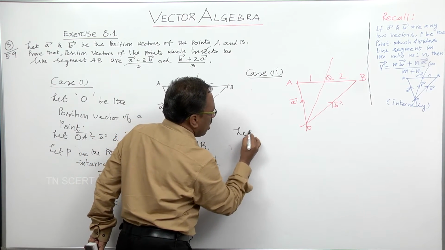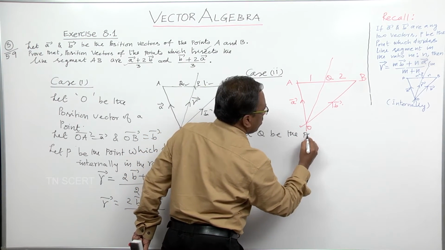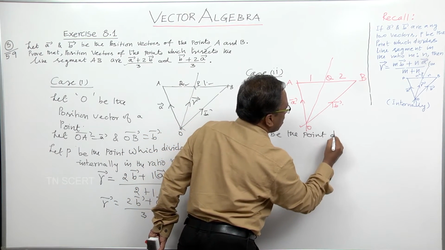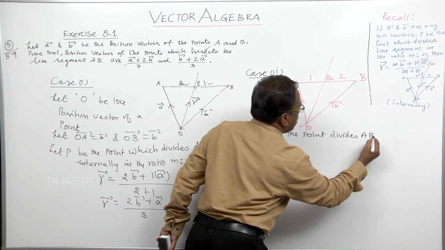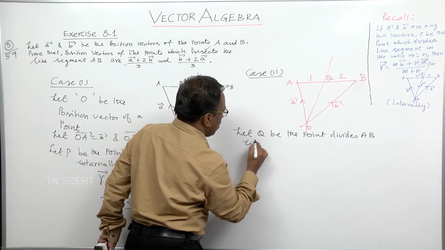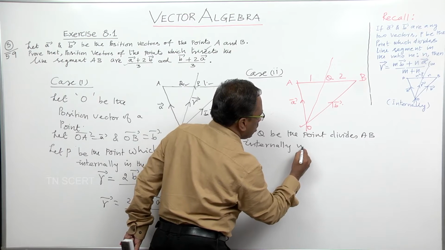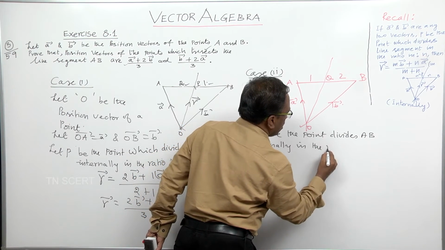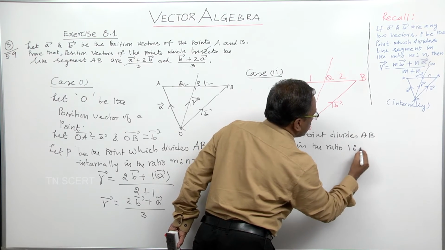Let Q be the point which divides AB internally in the ratio 1:2.